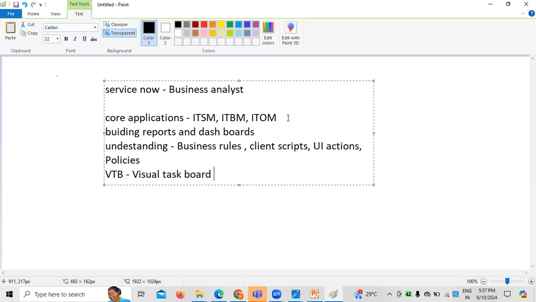And we have an advantage: Jira can be connected with ServiceNow, integration can be done. Even service management can be done there itself. So these are the basic important elements we must be doing as far as the role of a business analyst when we are working on the application.